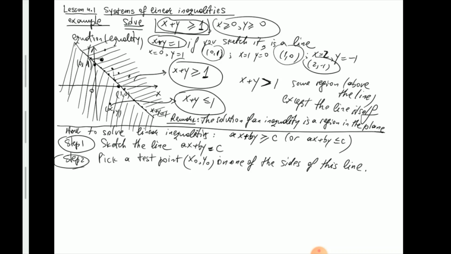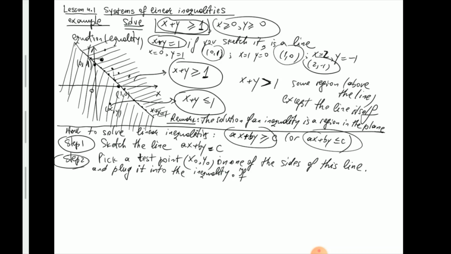The line separates the plane in two regions, and plug it into the inequality that you have to solve, either ax plus by greater than c, or the other one, less than c.